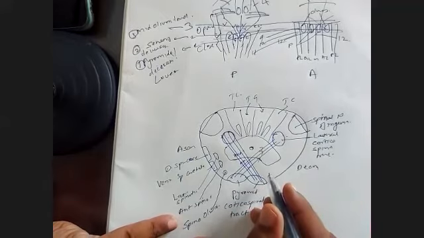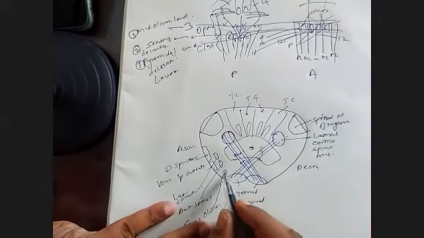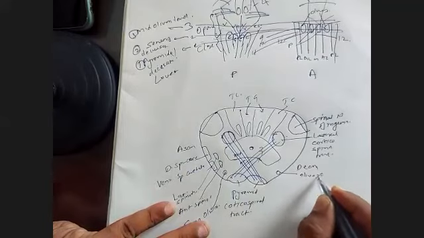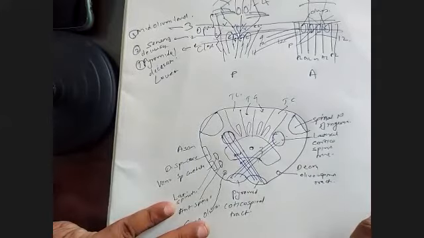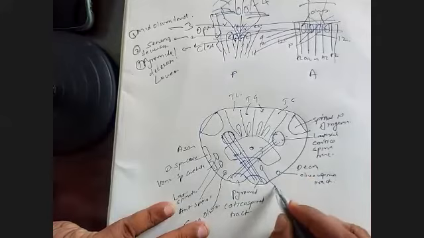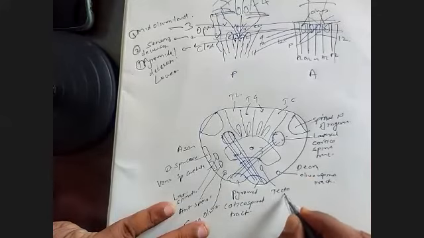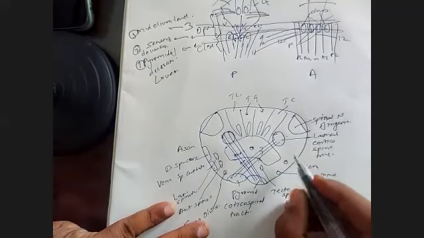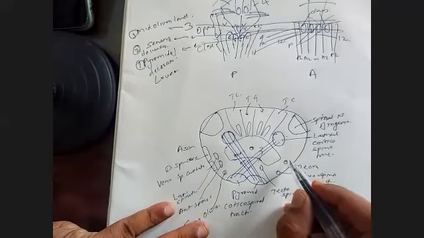Now this side will draw some descending tracts. So here we have drawn spino olivary. Here exactly we'll draw olivospinal tract. Then here we will draw the tectospinal tract. And one more tract can be shown here, and that is the vestibulospinal tract.